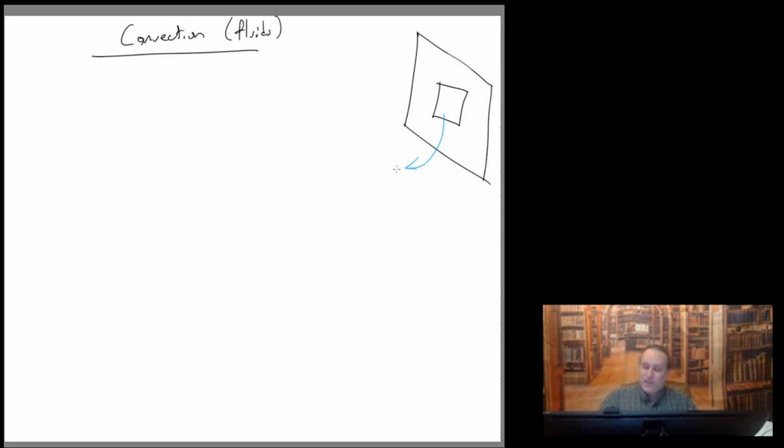And it sinks and it's going to push up some other air and push it around the room. And that's ultimately going to lead hot air from the upper levels of the ceiling to come down and go past that window. And as that hot air goes toward the window, it's going to give up its heat and it's going to cool. And you get these circular currents throughout your room.